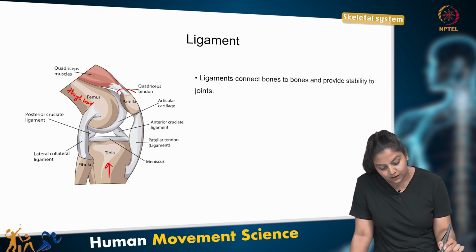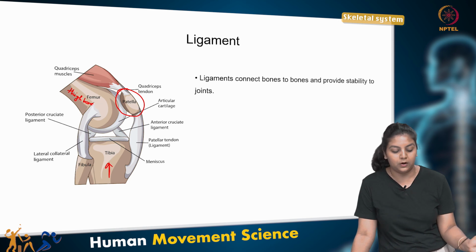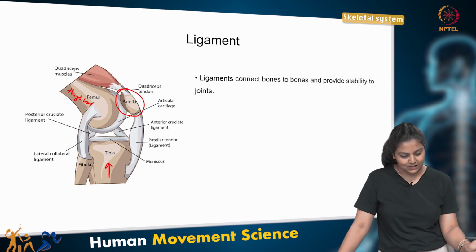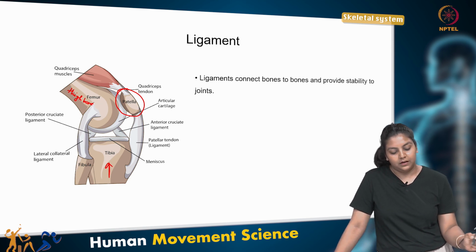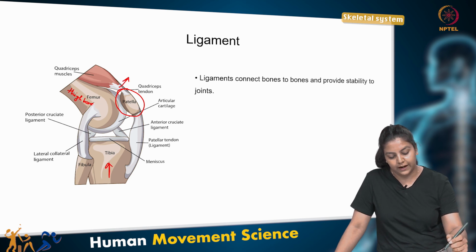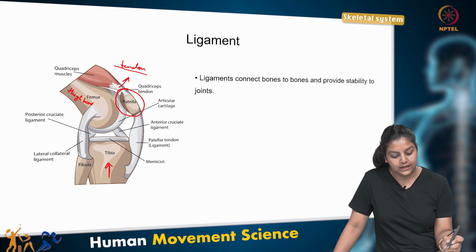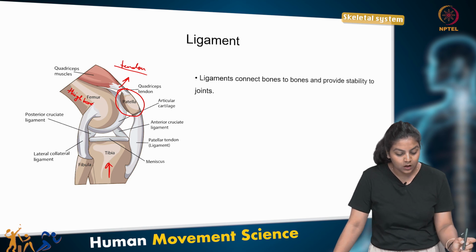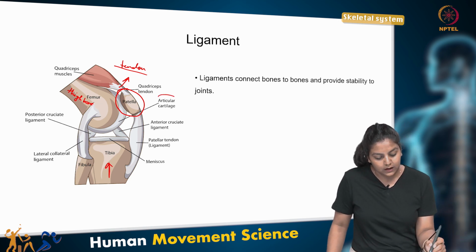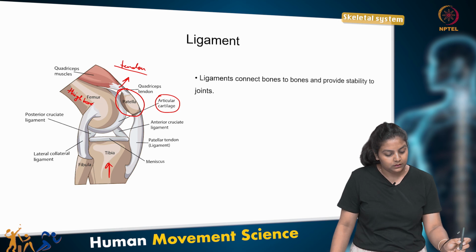This is the patella, as we spoke about earlier, which is a sesamoid bone, and then we have this as your tendon, like we looked at in the previous slide. So it's attaching the quadriceps muscle to the patella, so it's called a quadriceps tendon. This is the articular cartilage that we talk about. Let's look at it in the next slide.